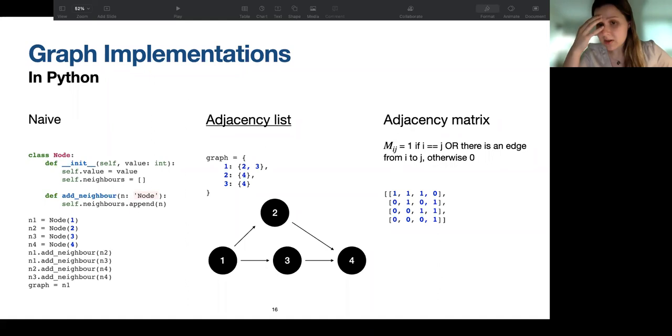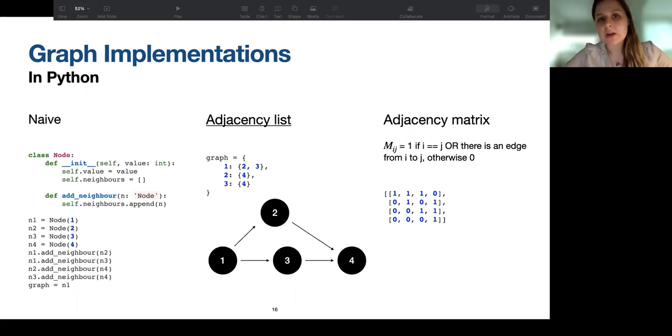Adjacency matrices are very nice. They're quite easily interpretable. Plus, if we're talking about undirected graphs, these matrices will be symmetric, because if there is a connection from node i to node j, there is definitely a connection from node j to node i.